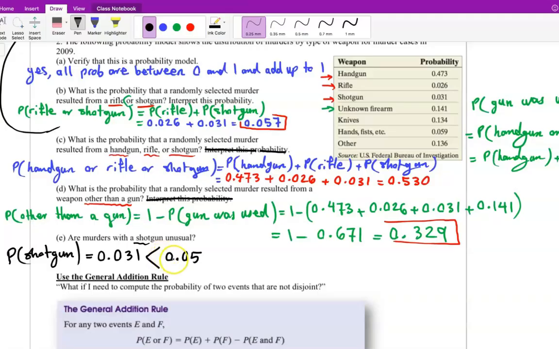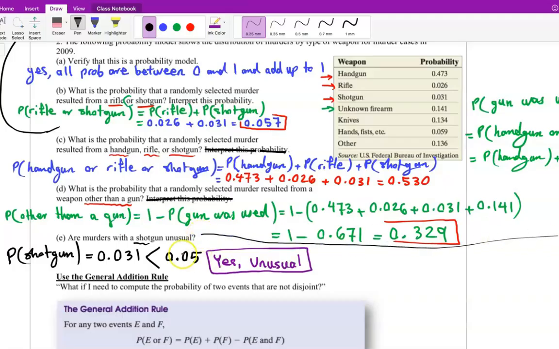That's why, yes, this one is unusual. Okay, we completed this part.